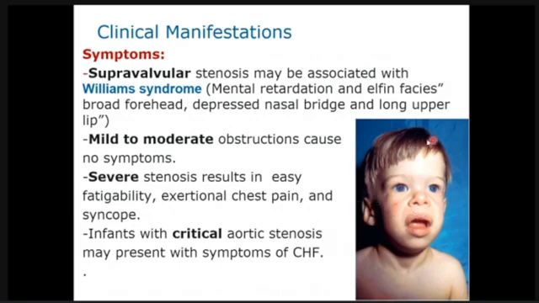So supravalvular aortic stenosis is associated with Williams syndrome, which is characterized by mental retardation and elfin facies: broad forehead, depressed nasal bridge, long philtrum, large ears, and hypercalcemia.